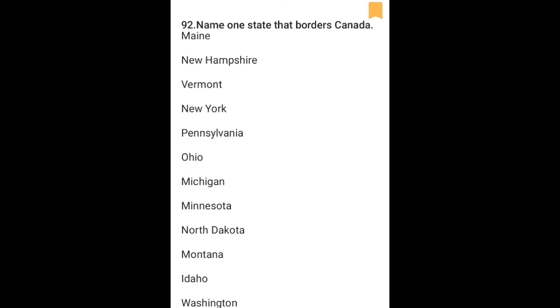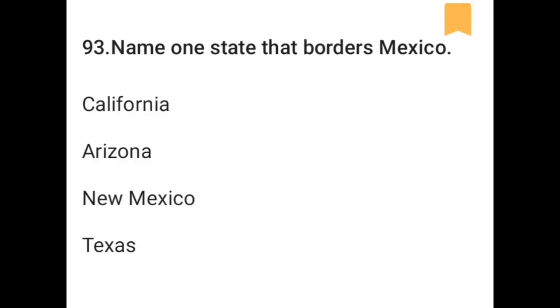Montana. Idaho. Washington. Name one state that borders Mexico. California. Arizona. New Mexico. Texas.